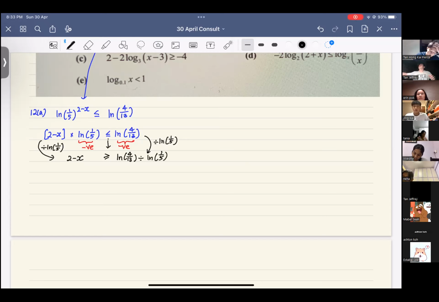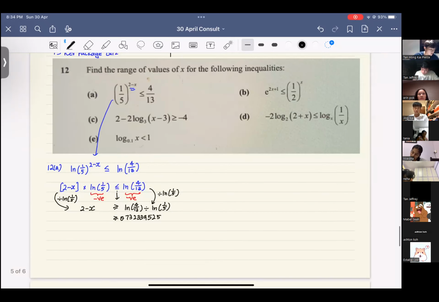Let me grab my calculator. That is 0.732339525.